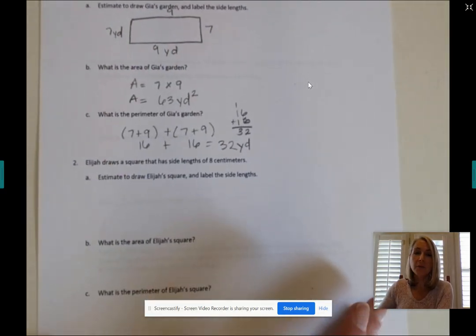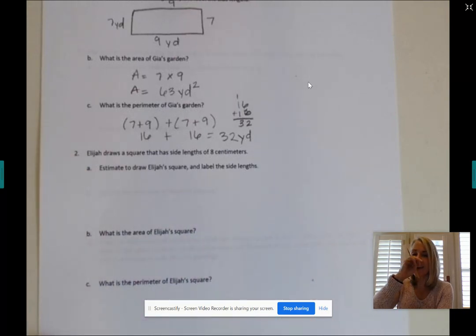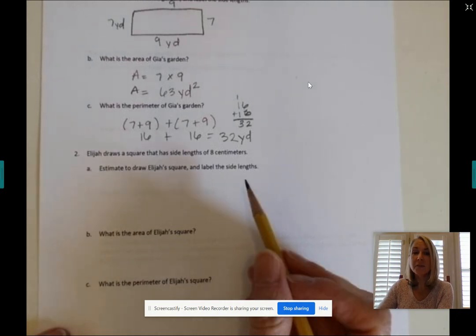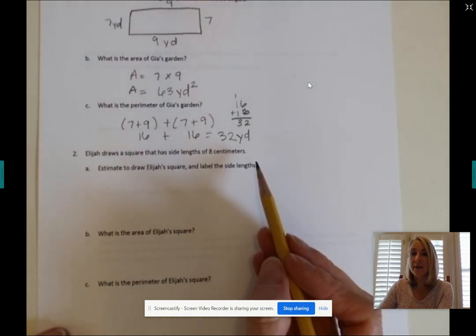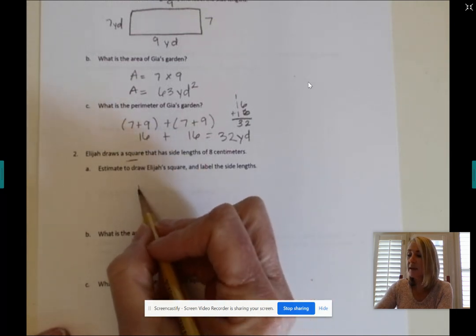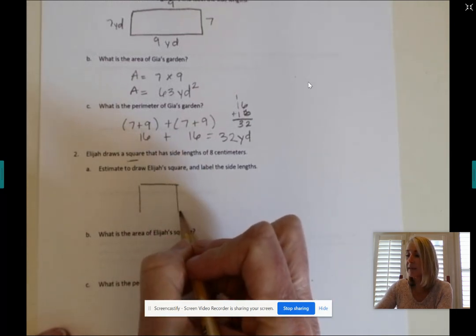On number 2, it says Elijah draws a square that has side lengths of 8 centimeters. Now it's only giving us one measurement here because it's telling us it's a square. And we know that squares have all equal side lengths.